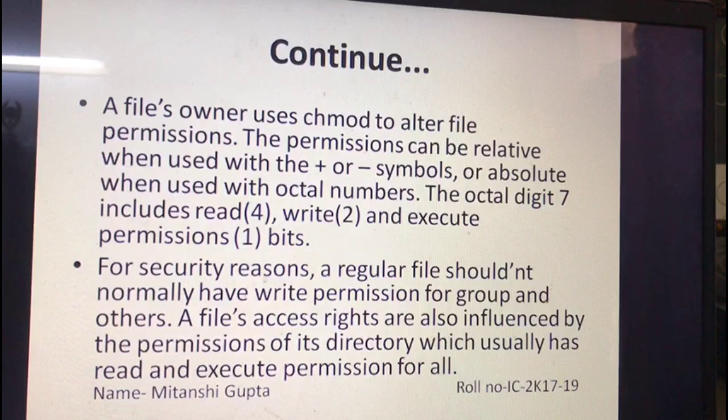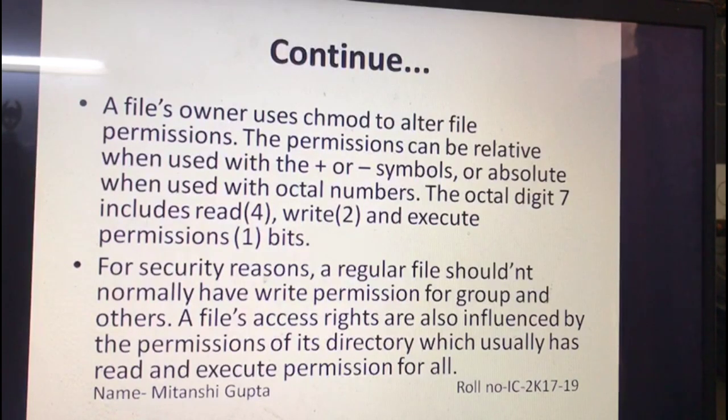The permissions can be relative when used with plus or minus symbols or absolute when used with octal numbers. The octal digit 7 includes read, which is 4, write, which is 2 and execute, which is 1 bits. For security reasons, a regular file shouldn't normally have write permission for group and others.